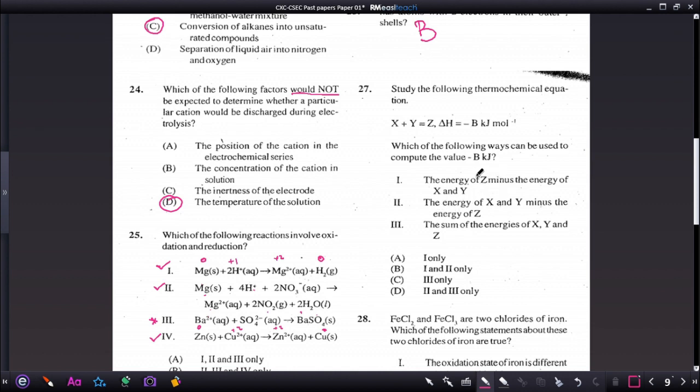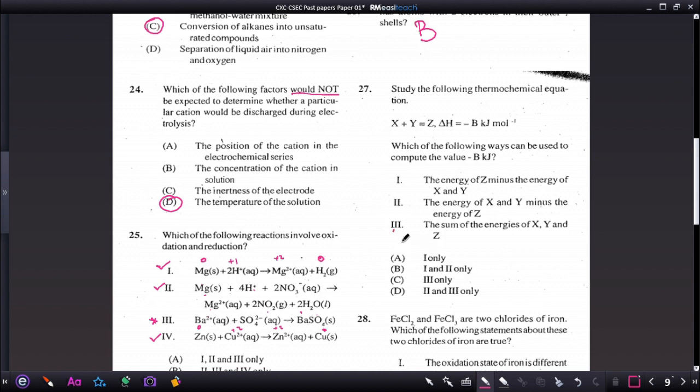Remember that to find the value of delta H, it is the sum of the products minus the sum of the reactants. So it's the energy of Z minus the energy of X and Y.